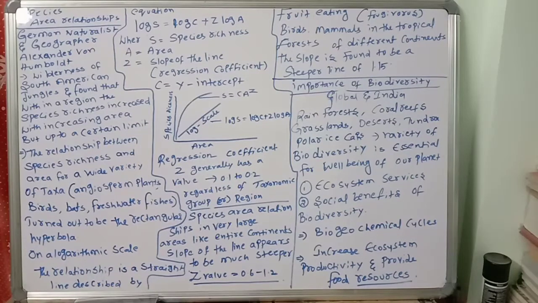And in the next class we are going to discuss the biogeographical regions of India, what varieties are there in those locations, what kind of diversity, what kind of animals or plants are there in that place. We will be discussing that in the next class.